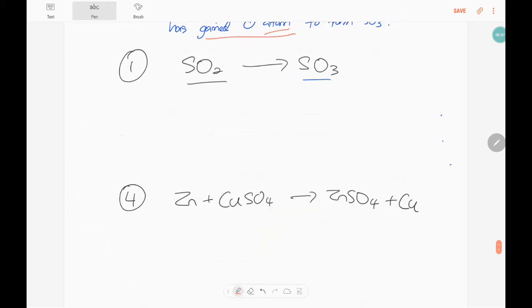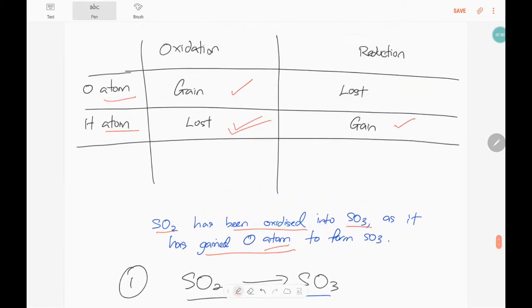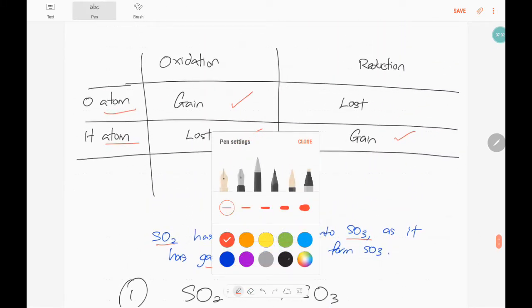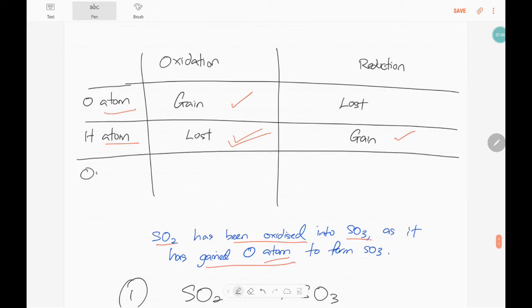Therefore, the better way to answer such questions is simply using change in oxidation state. Therefore this brings us to our third definition that we mentioned last lesson, oxidation state.